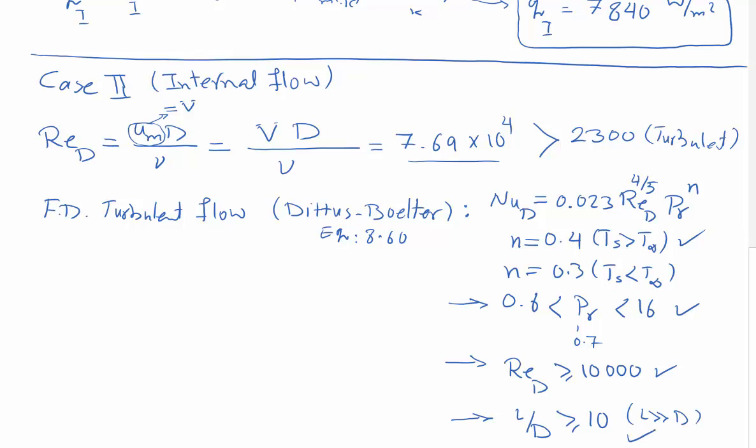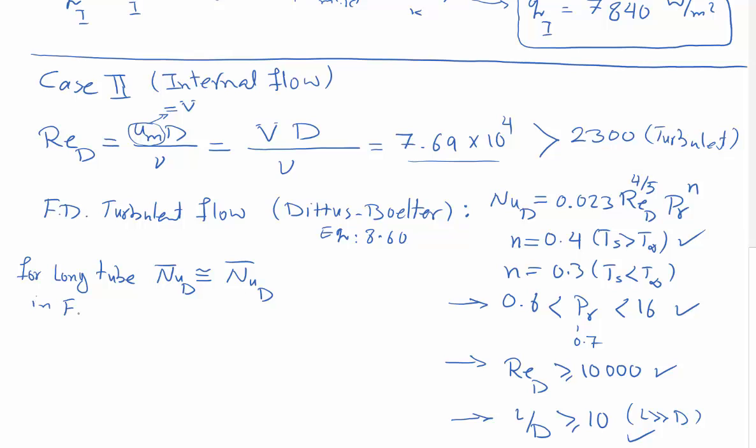So now that we have this correlation, we're going to use that to find the local value of convection coefficient. But since this is a very long tube, it's safe to say that average Nusselt number is almost equal to local Nusselt number for fully developed condition.